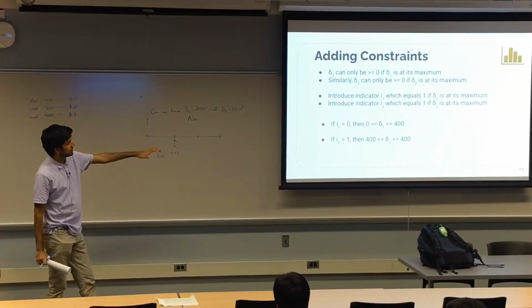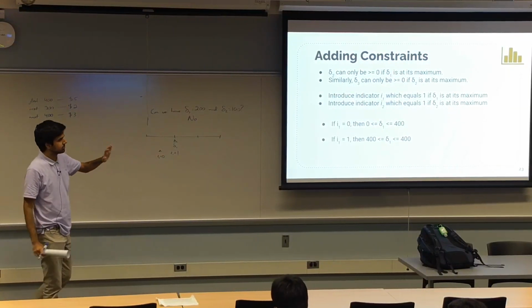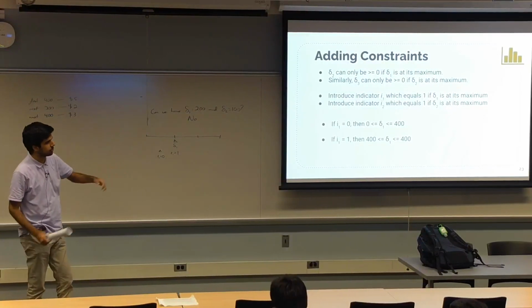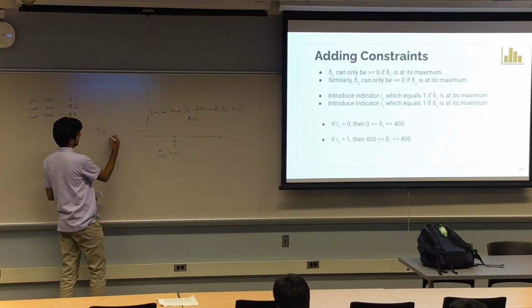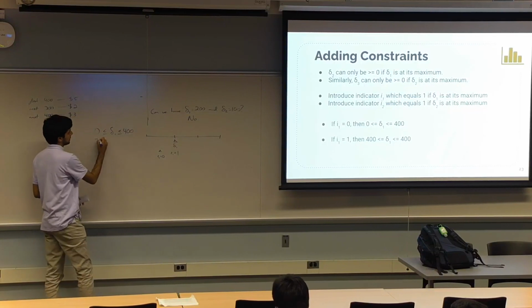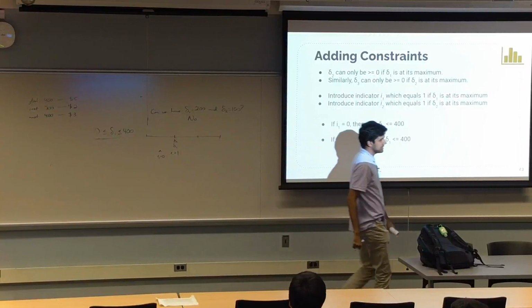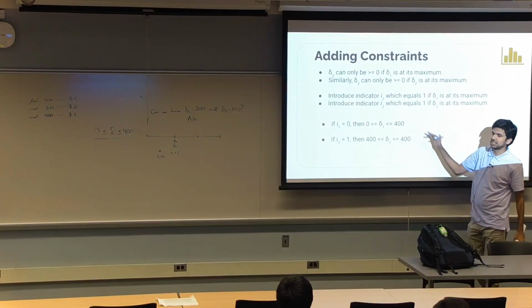But if I1 equals 1, then delta 1 has to be equal to 400, or equivalently in between 400 and 400. So originally, on the previous slide, that was our constraint for delta 1. How do we modify this with our new definition of indicators to properly encapsulate this behavior?